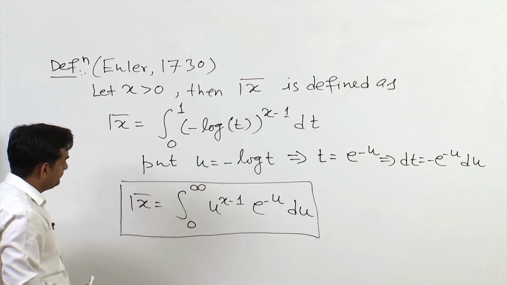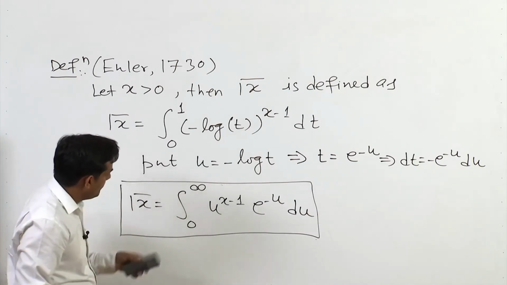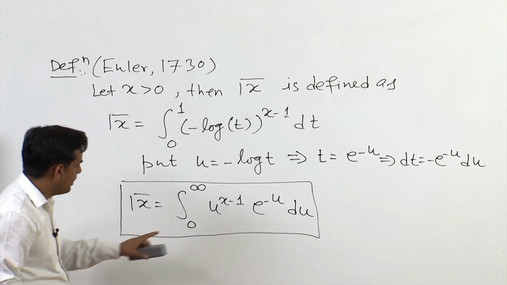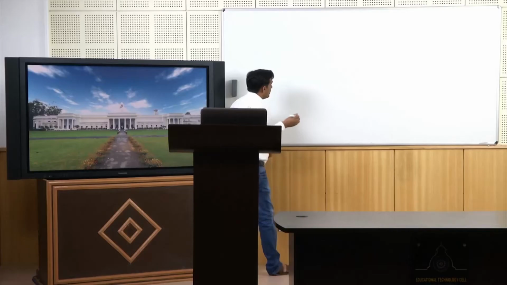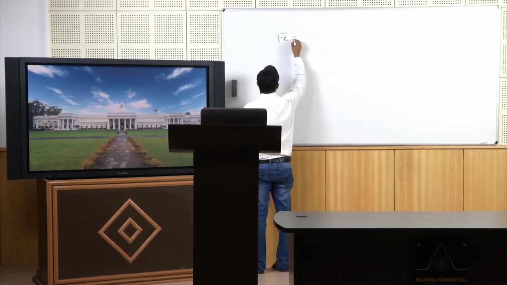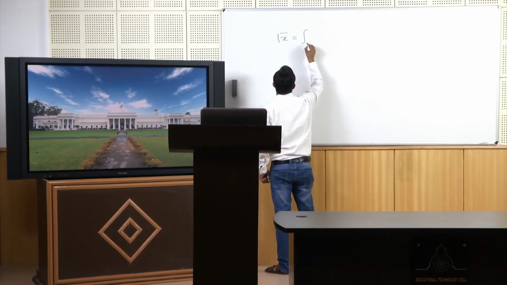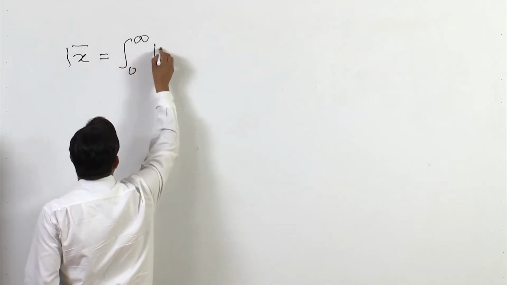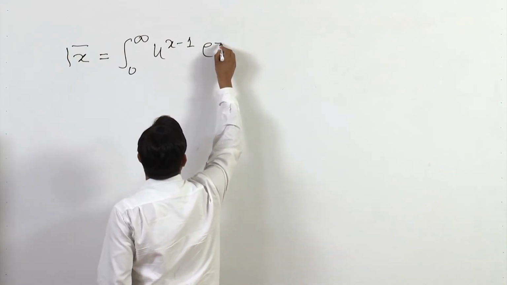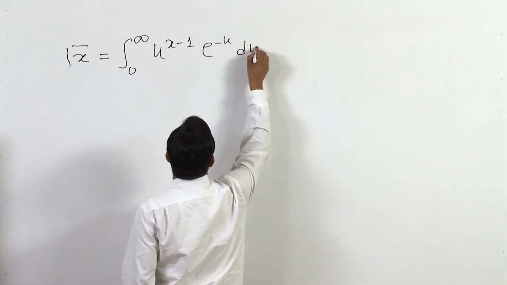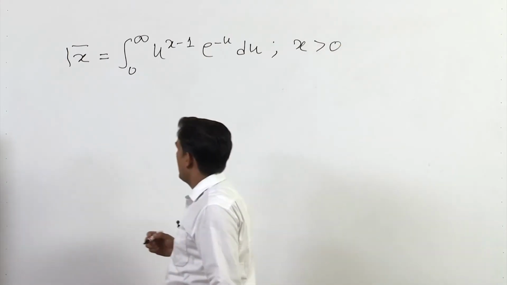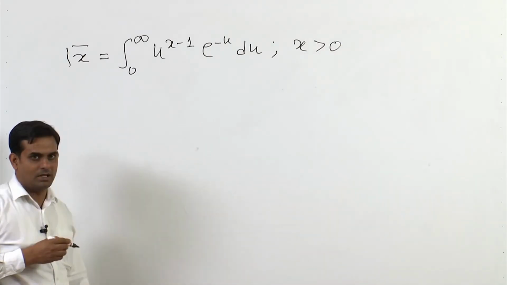Now with this definition we will see some important properties of the gamma function. The definition we have just seen is gamma x equals the integral from 0 to infinity of u raised to power x minus 1 into e raised to power minus u du, for x a positive number.